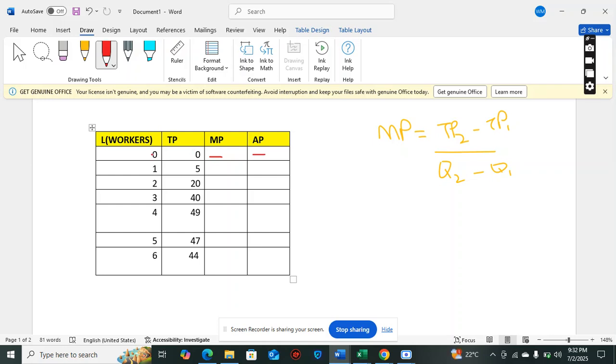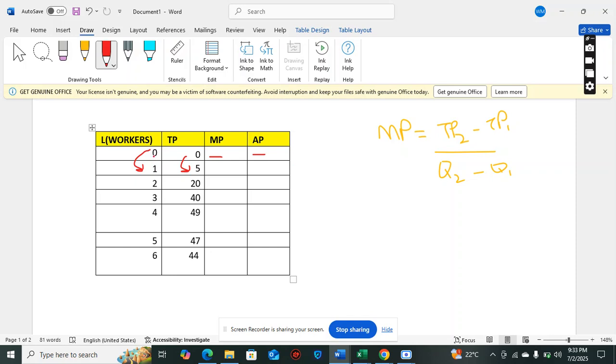You hire the first worker. The first worker is able to produce 5 shirts. So we move from 0 shirts being produced to 5 shirts. So the marginal product, which is the additional product brought in by this first worker, is 5 minus 0, that is 5.